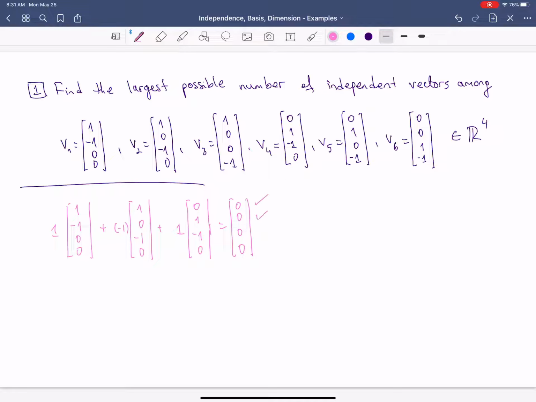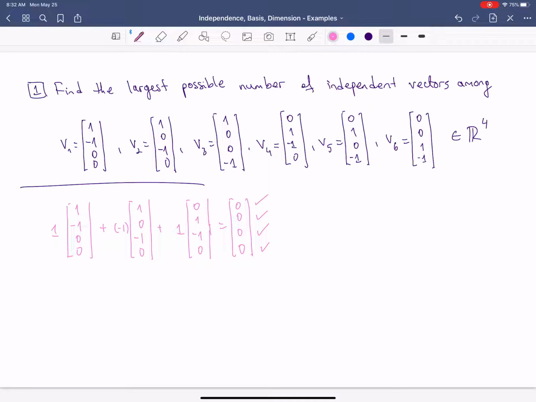The second component is taken care of, I'm getting a 0. But what about the third one? The third component, here in the first vector, it's a 0, so it doesn't matter. I have negative 1 times negative 1, that's a 1. And then I have 1 times negative 1, which is negative 1. So the third component also is a 0. And the fourth component is a 0.